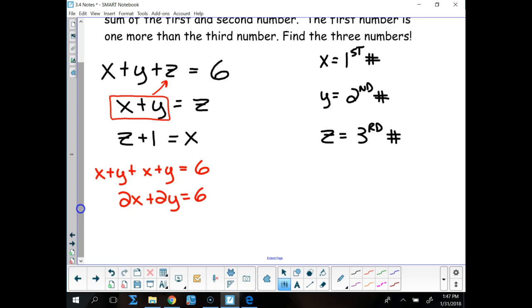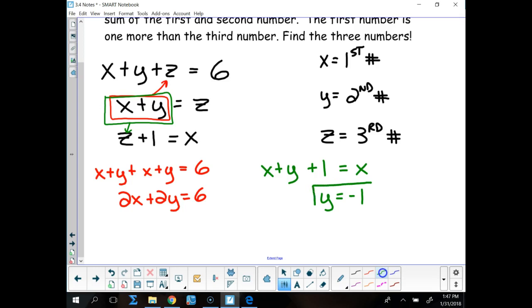Then I'm going to take the middle equation and plug it into the third equation. And that's going to give me x plus y plus 1 equals x. Or y equals negative 1. Right?